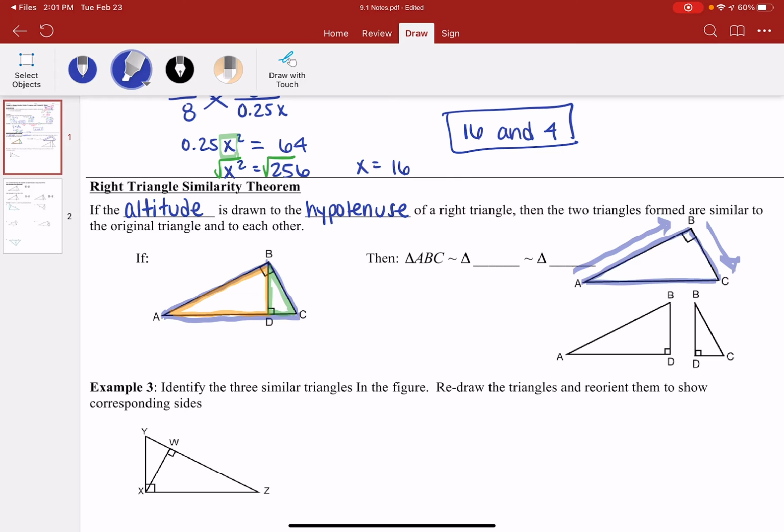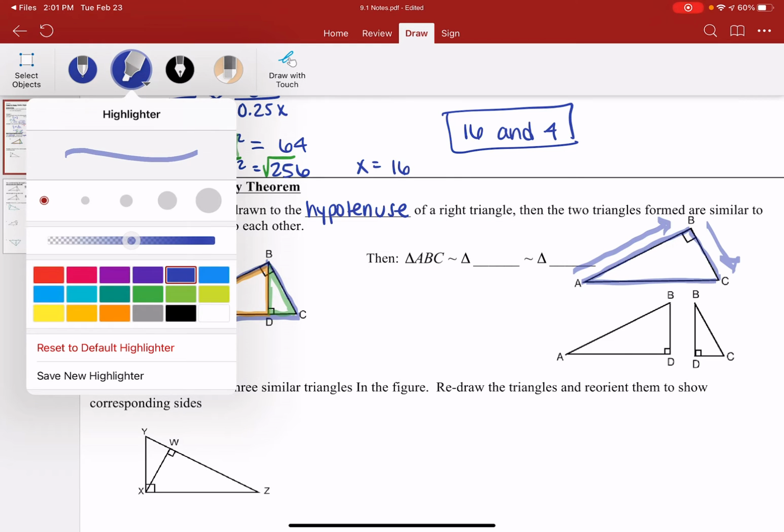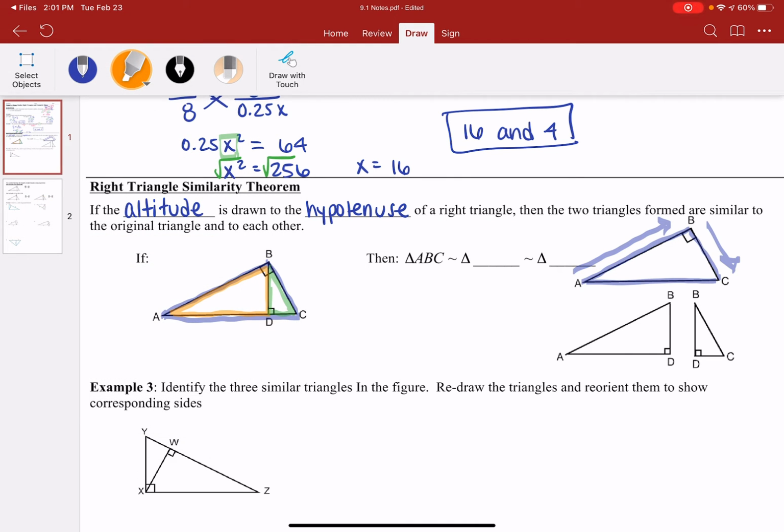So I want to follow the same pattern when I name my other two shapes here. So if I take a look at this medium-sized triangle here, I am going to start at A again because that's my smallest angle. I'm going to go along the side that gets me to my right angle, and then from there to my shortest side. So if I want to follow that same pattern, I would call this triangle ADB.